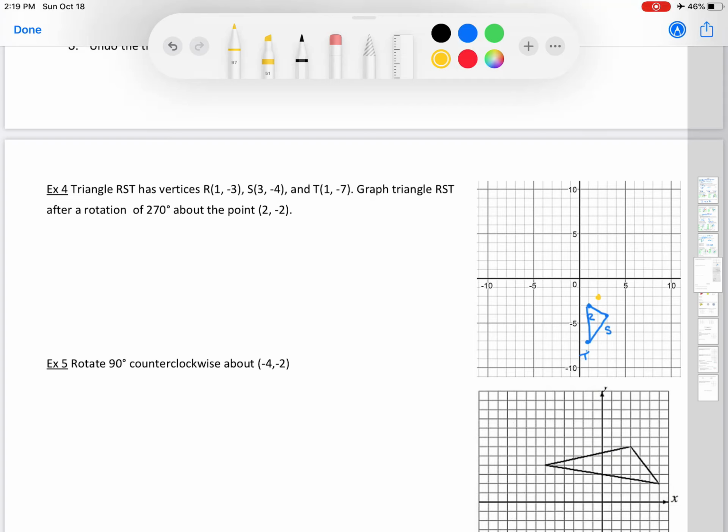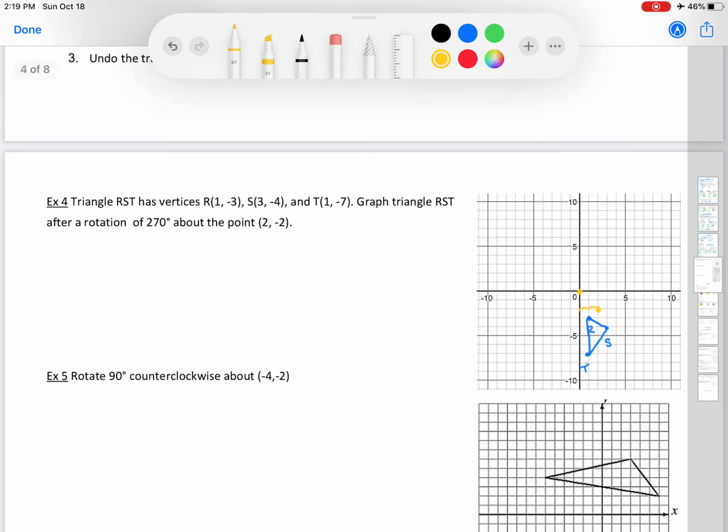So our rules of rotation only apply at 0, 0. So the first thing we need to do is modify our equation for ourselves. So in order to get from the point that they want us to rotate around to 0, 0, I need to figure out the translation vector that would get that point there. So my x-coordinate changes 1, 2 to the left, so that makes it negative.